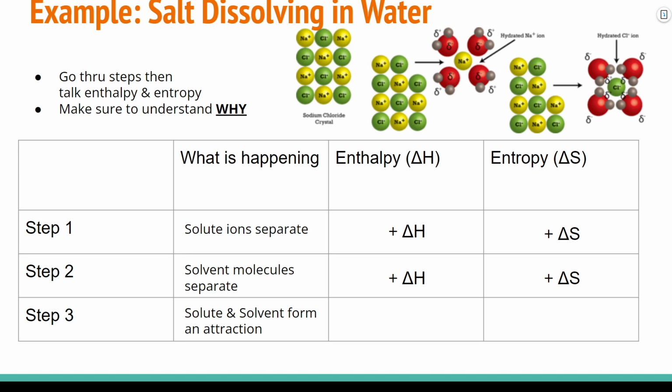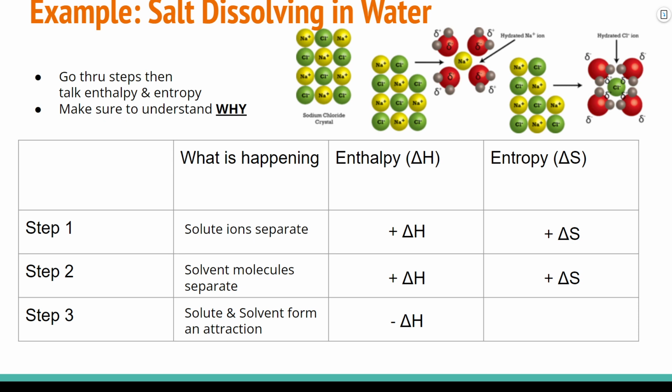Okay, so then step 3, as I mentioned earlier, we have an ion dipole interaction, that IMF. So we have an attraction, okay? And similar to bonding, because as a reminder, when you form a bond, you release energy. So it's exothermic. An attraction forming is also releasing energy. And so since we're releasing energy, that's going to be a negative delta H, because that's an exothermic process.